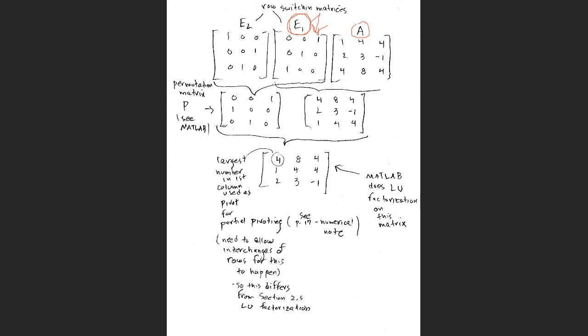Well, what row operation would we have to do on the identity matrix to get the elementary matrix E1? An interchange. Excellent, Haley. And what rows would we interchange? Rows 1 and 3.